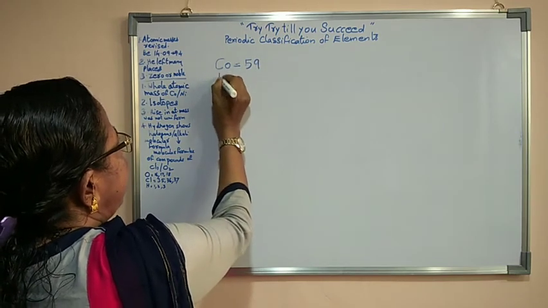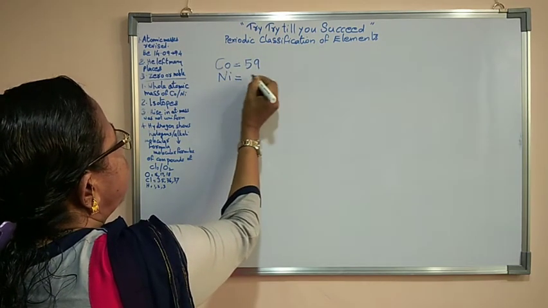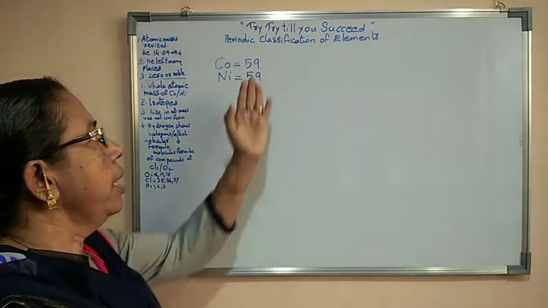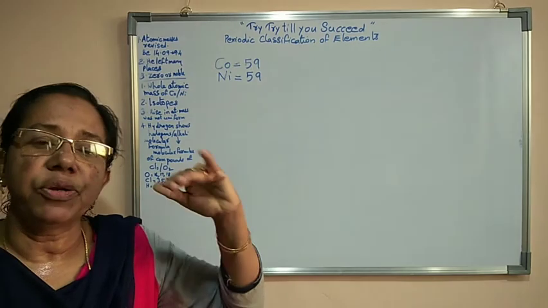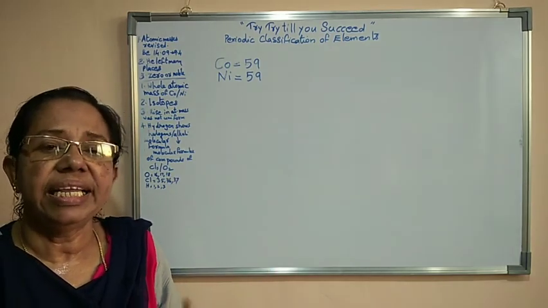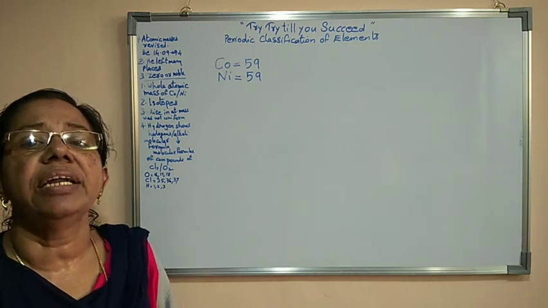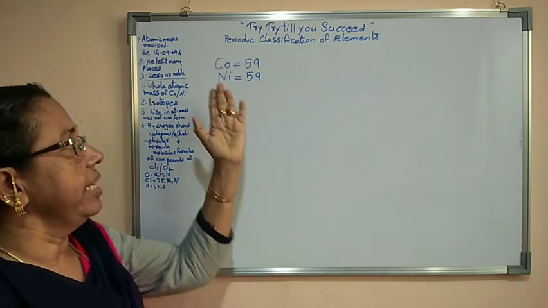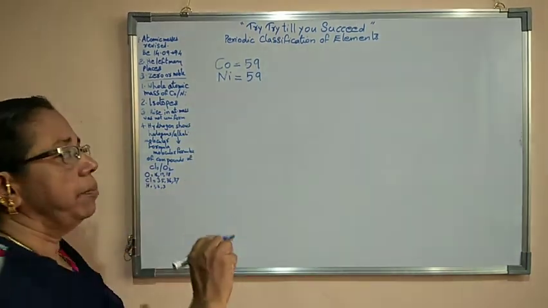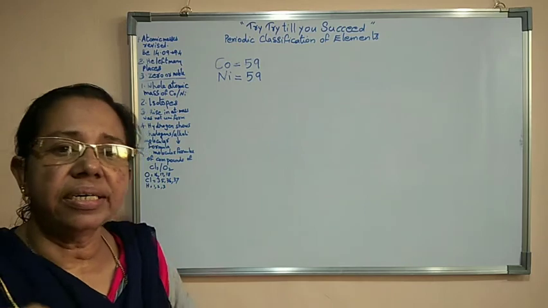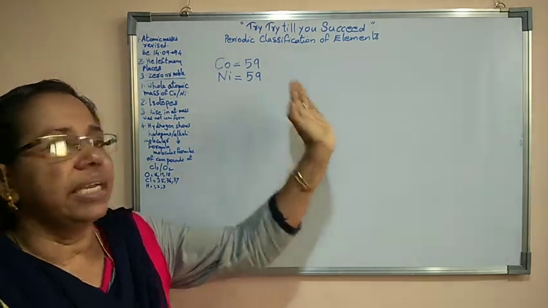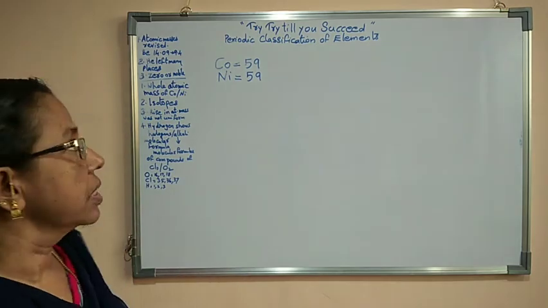Nickel also has atomic mass 59. Both elements have atomic mass 59. He arranged the elements in the increasing order of their atomic masses, but here both of them have the same atomic mass. Because of that, there was confusion in arranging these elements in his periodic table.